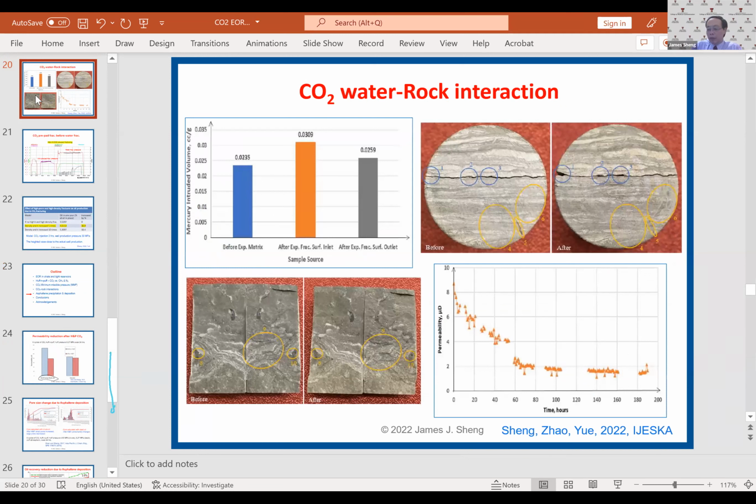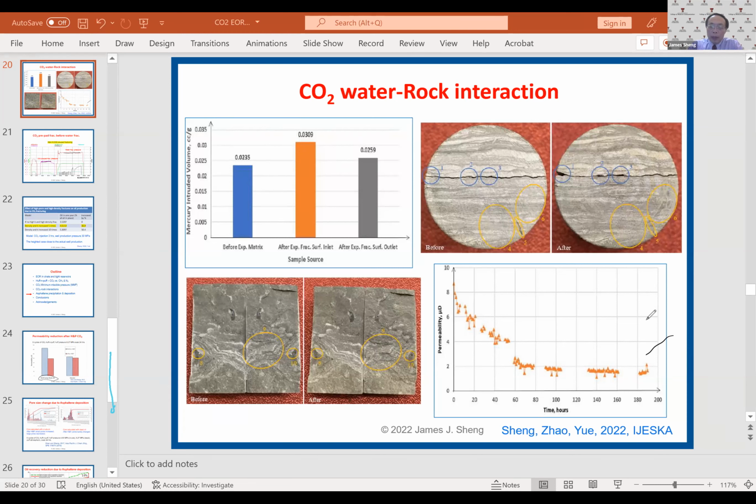So if we only inject water, will the permeability decrease, or did it decrease because we injected CO2 and water? No, this data is CO2 water, so the water is saturated with CO2. Do we have any lab test where we just inject water?